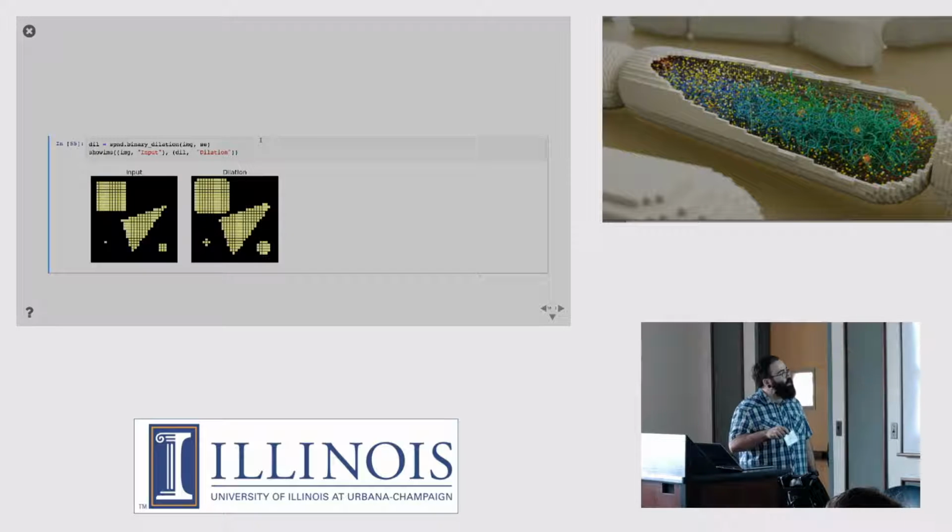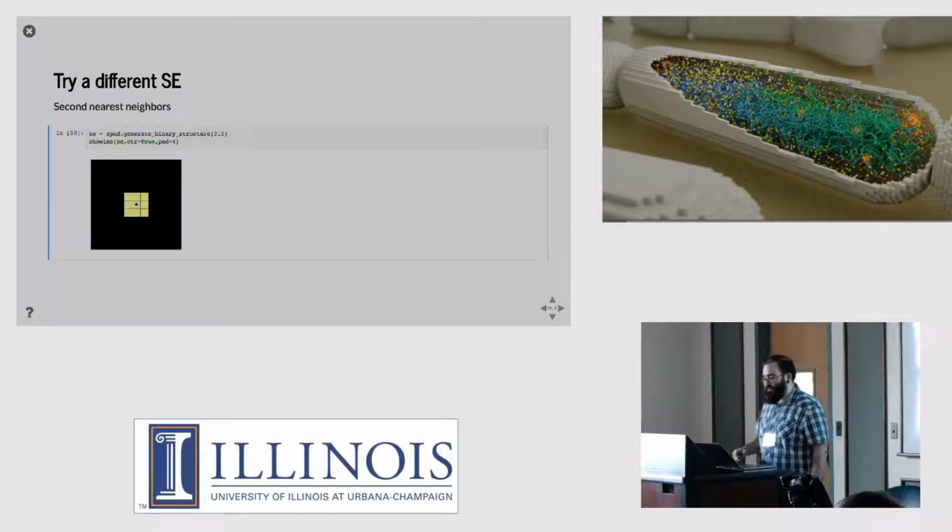And if you look at this square here, you can see it grew up around the boundaries, but it didn't hit the corners. So if you think of the cross right here, it's hitting what's outside of it, but it's not actually hitting what's inside the square. So let's try a different structuring element. This will include second nearest neighbors. So we have our first neighbors here, and we have our second neighbors here.